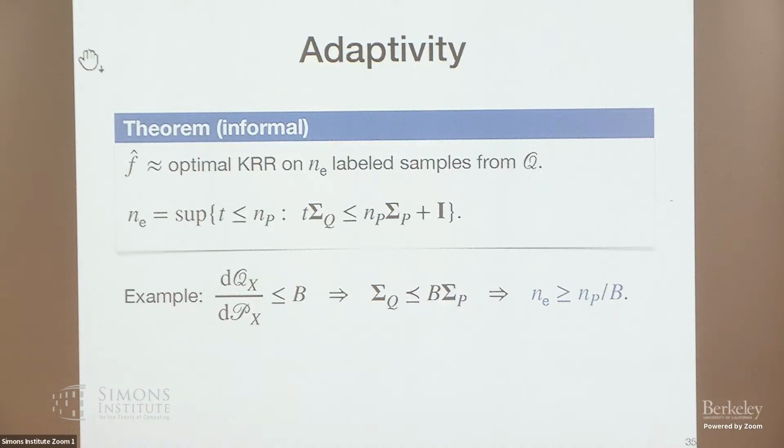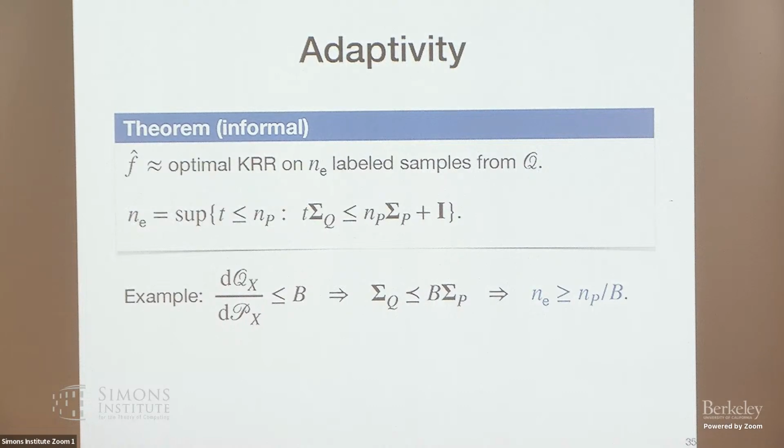And finally, let's look at some examples, just to illustrate the adaptivity. The first example is very commonly used. I assume the target data has a bounded density, a bounded likelihood ratio with respect to the source.